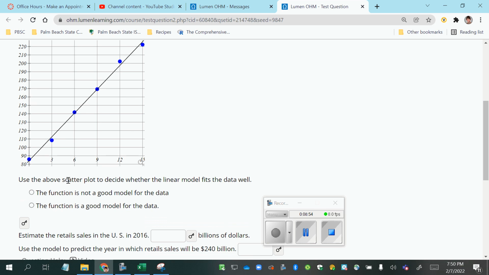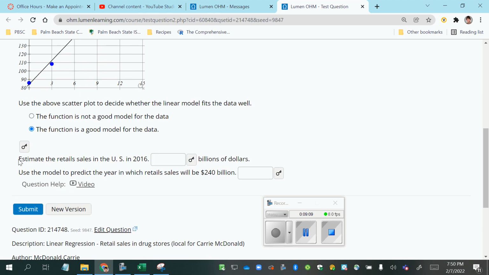And it says, using the above scatter plot, decide whether the linear model fits the data well. So I'm just looking to see if the line is fitting the dots pretty close, and it is. So I would say it looks just by visual inspection to be a good model for the data. Then we want to estimate the retail sales in 2016.